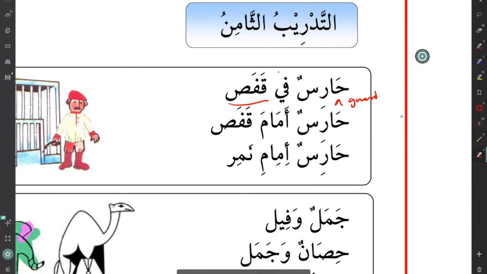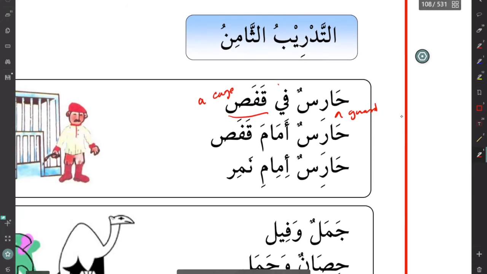What is a qafas? Qafas is a cage. Now, the reason why I'm kind of hesitant and I'm just wondering is because it sounds like it's a sentence. So you can translate as a guard is in a what? A cage.